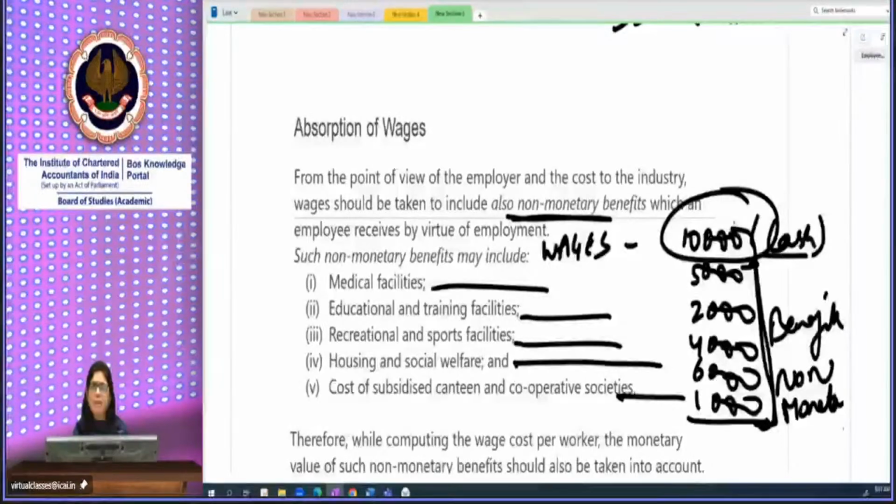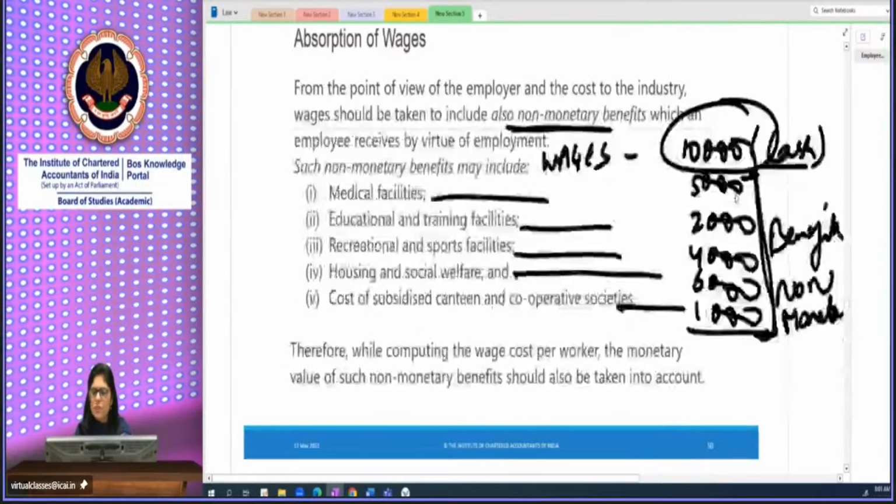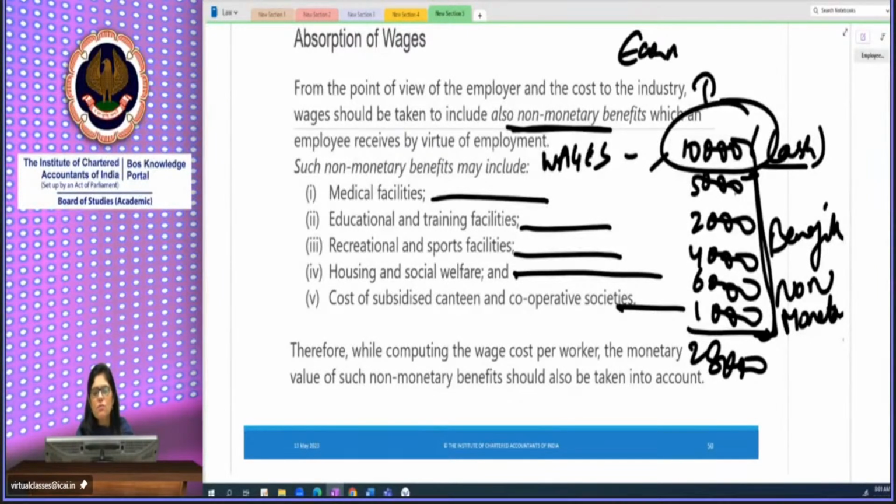But whatever facility the employer provides to the employee, which is non-monetary and not paid in cash, the employer is paying for it. That is also part of the cost to the employer. So the CTC, just calculate the total: 10, 15, 17, 21, 27 and 28. 28,000. 10,000 is called the earnings to the worker.